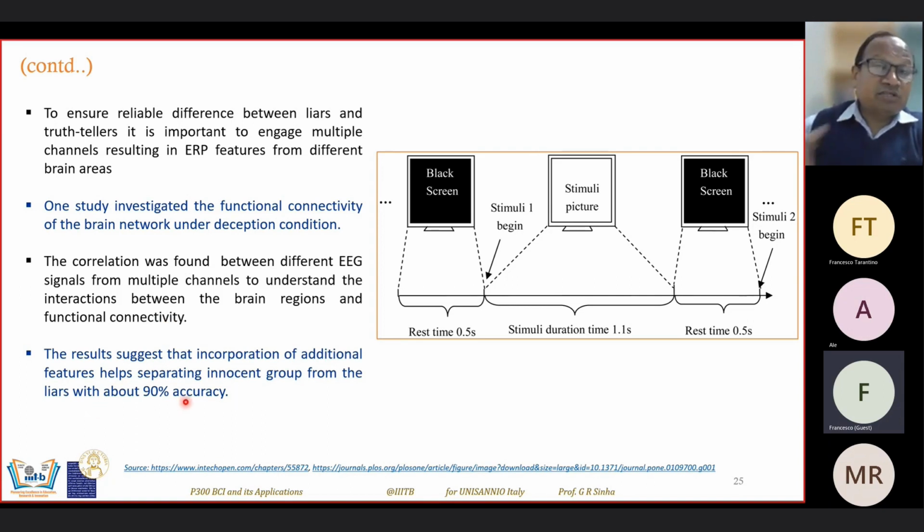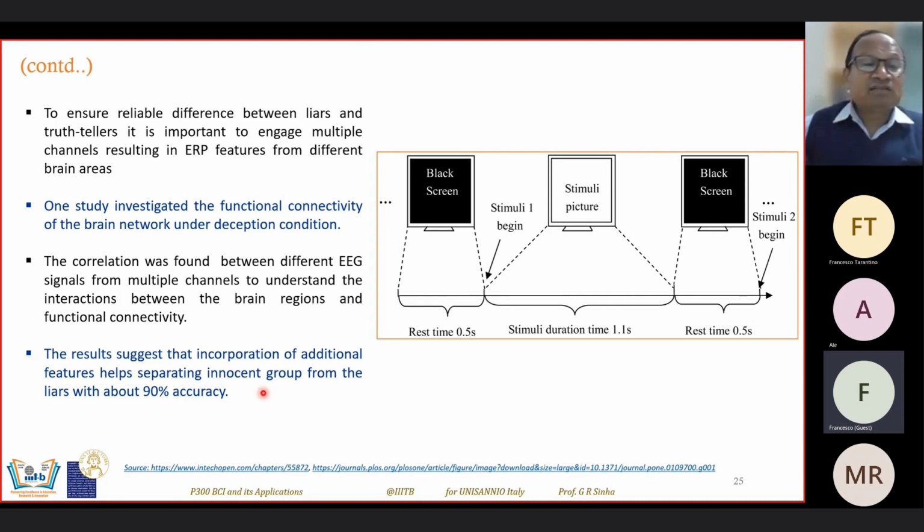with 90% accuracy. Remember, this is what I was telling you. It is not necessary that we will be able to finally detect that this person is telling lies or this person is admitting his crime. It's not always possible.